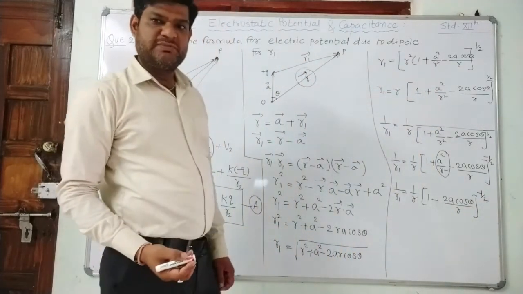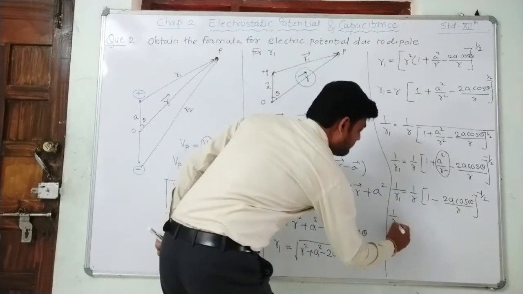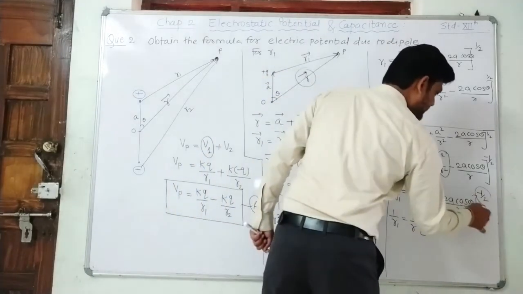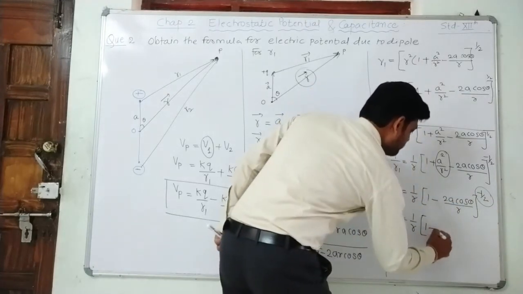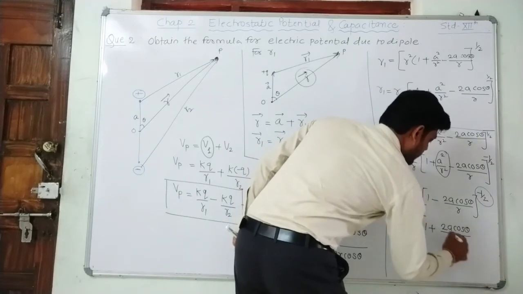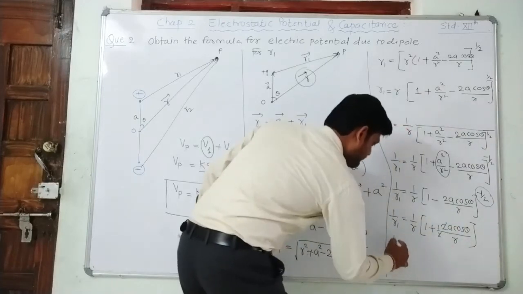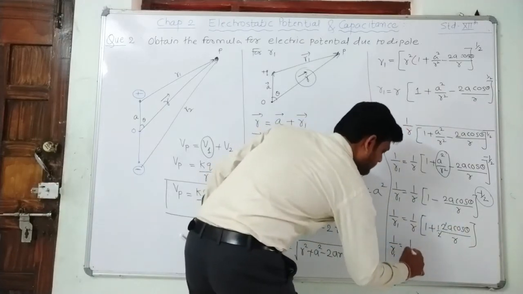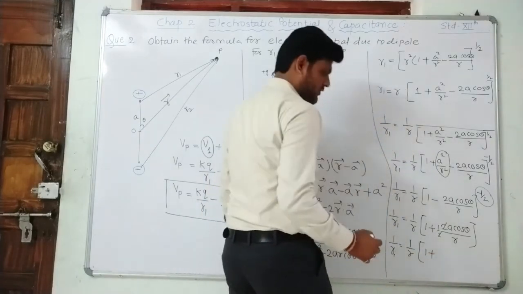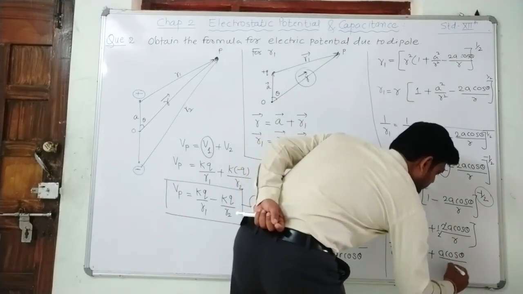Now using the binomial expansion and neglecting the higher order terms, we will write 1 by r1 equals 1 by r, multiplying 1 plus 2a cos theta by r into this half. So 2 gets cancelled. 1 by r1 equals 1 by r times 1 plus a cos theta divided by r.